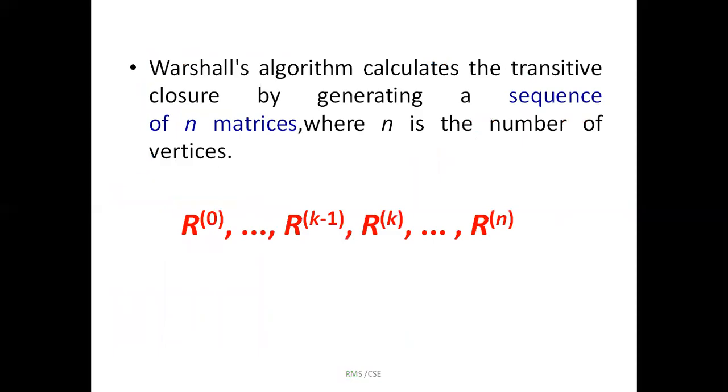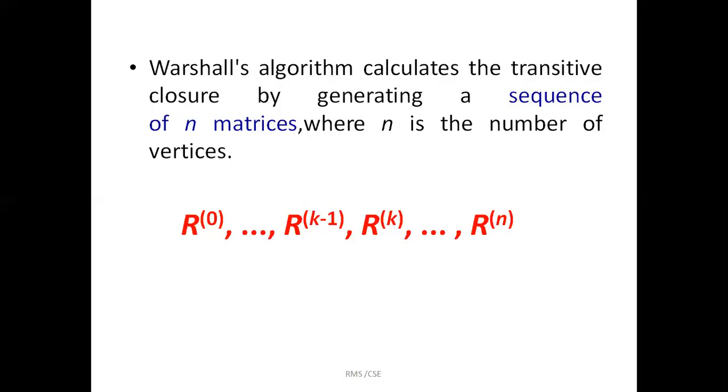Warshall's algorithm calculates the transitive closure by generating a sequence of n matrices, starting from R^0, R^1, up to R^n. As we know, dynamic programming takes the solution of the previous subproblem for the next.